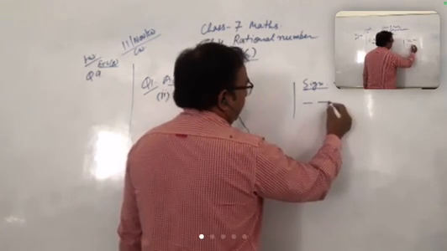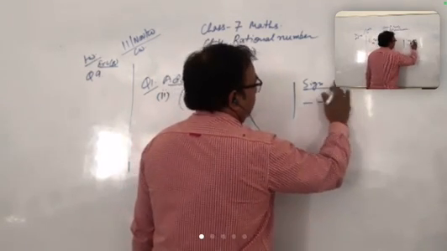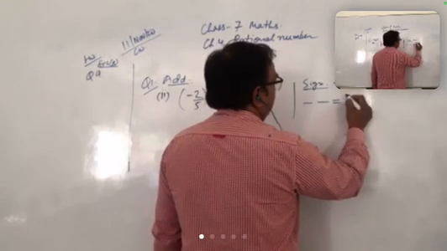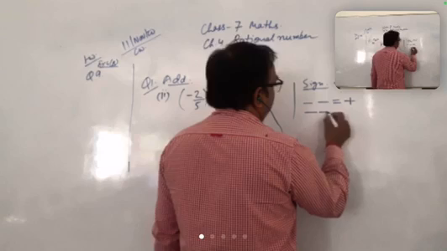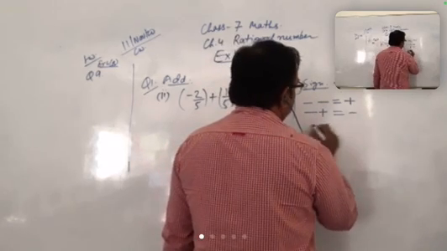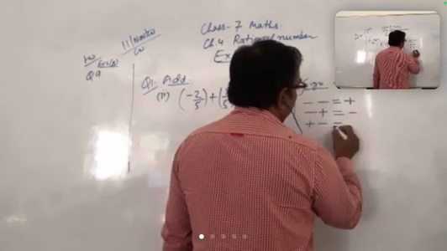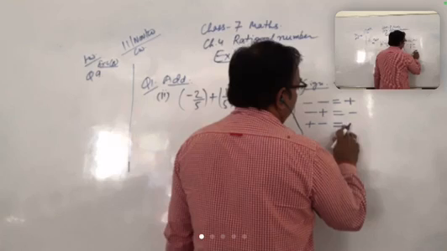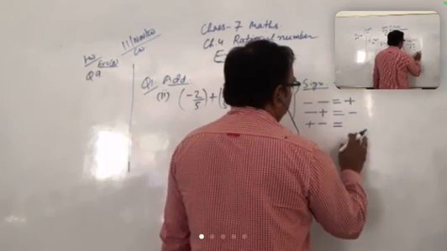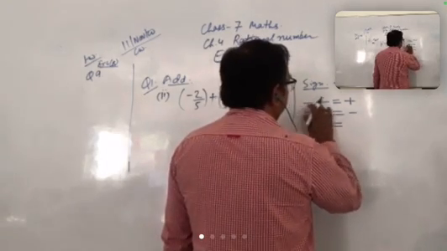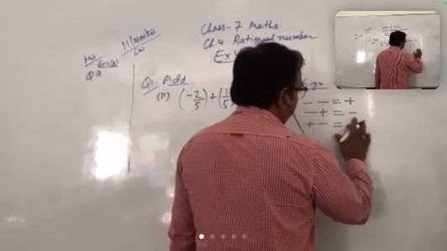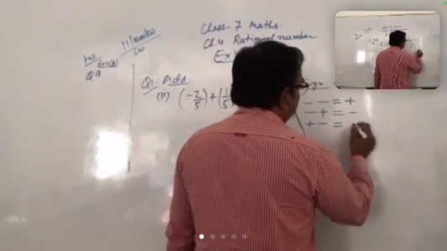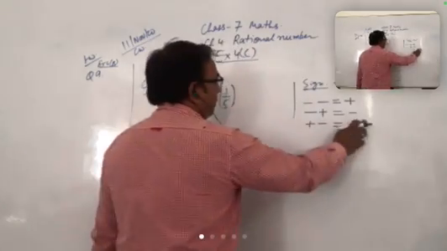If it is minus and minus, the operation means we have to do plus. If it is minus plus, then you have to do minus. If it is plus minus, then you have to do minus.